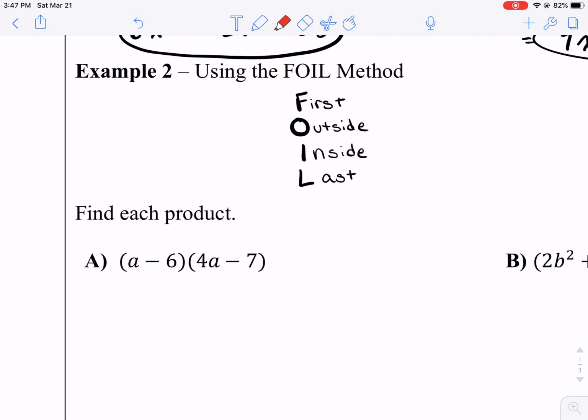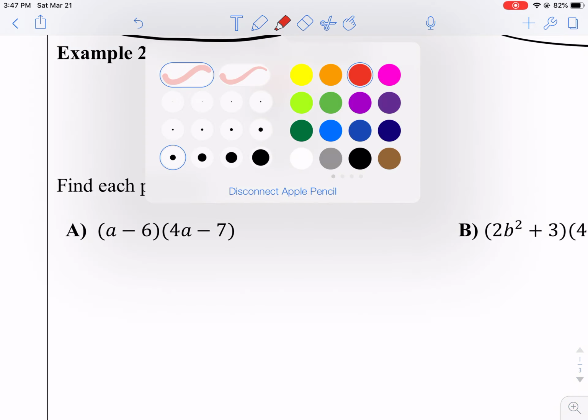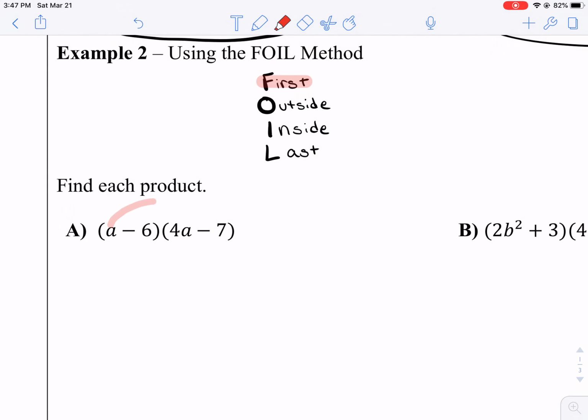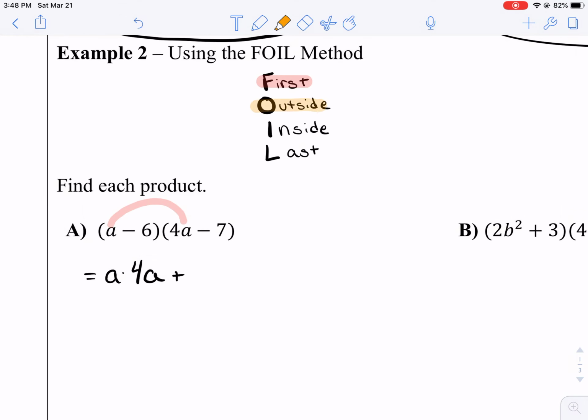So let's go ahead and look at our first example. We're going to multiply our first terms together. Our first terms are a times 4a. So first we're going to multiply a times 4a together. Then we're going to multiply our outside terms together. O in FOIL stands for outside. Our outside terms are a and negative 7.